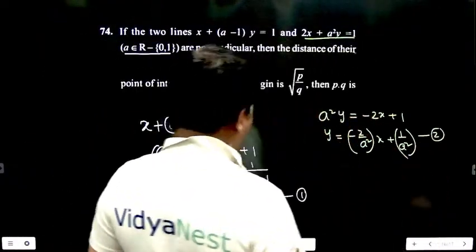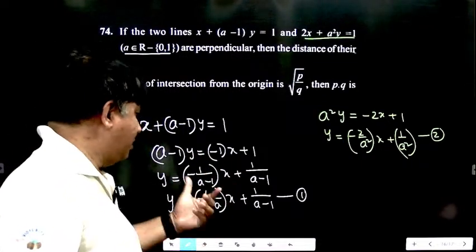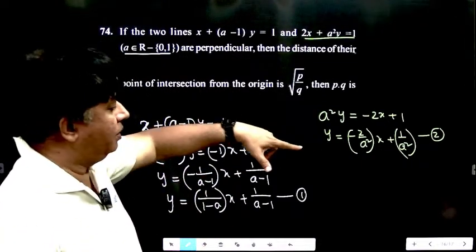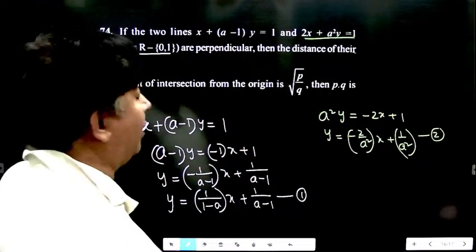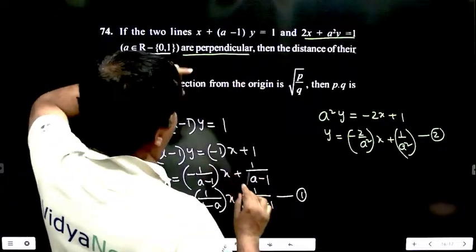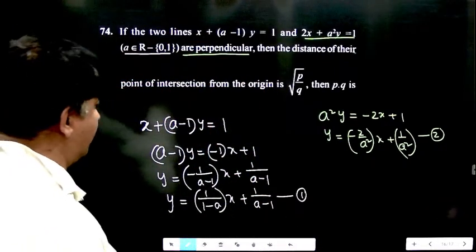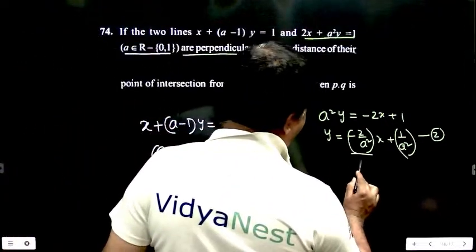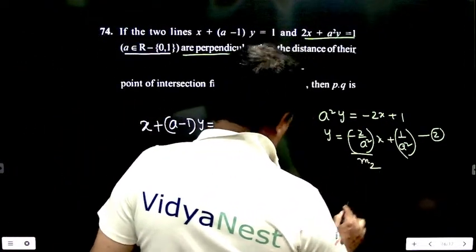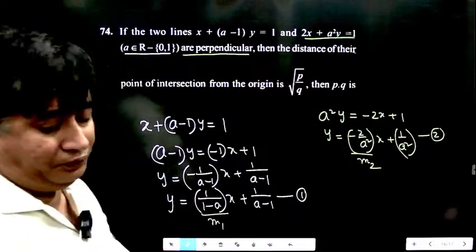Seeing both the equations, you can understand what their slopes are, and how the slopes are related. The question suggests that two lines are perpendicular to each other. So here I considered it as M2, and here I consider it as M1.